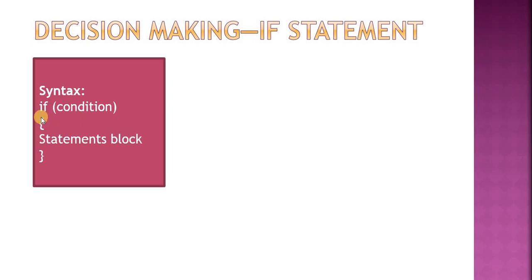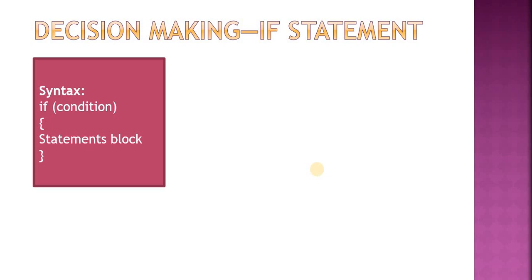After the condition, we have opening curly brackets. Then we have statements which are to be executed. Once all the statements are completed, lastly, we have a closing curly bracket. The statements which are written in between the opening and closing curly brackets are also known as statements of if, or they are known as the if block.